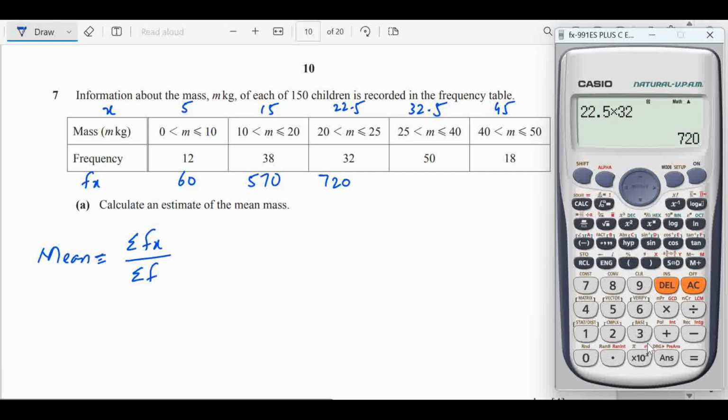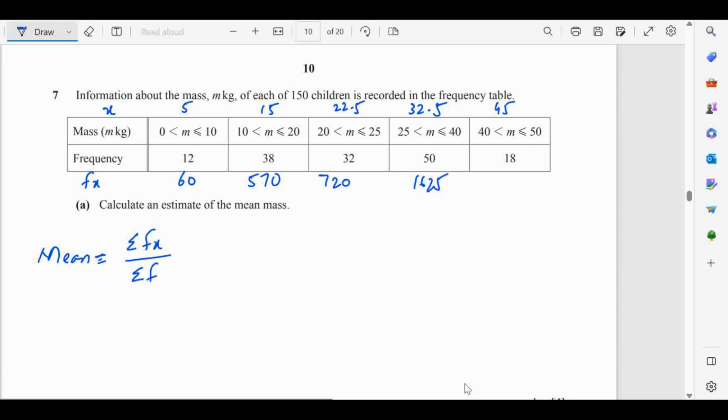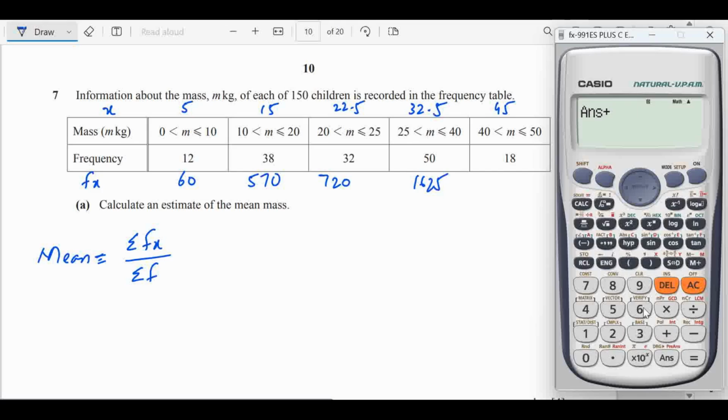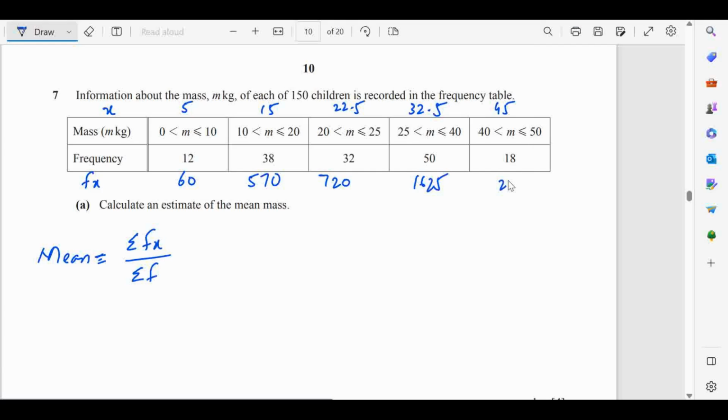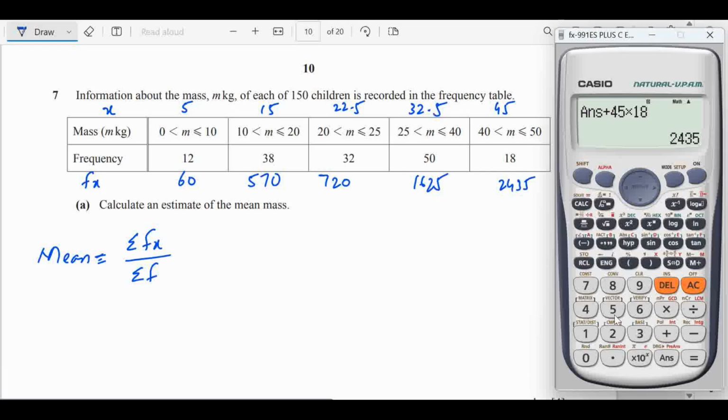Then 32.5 multiplied by 50, so this will be 1625, plus 45 multiplied by 18, which we get as 2435. Now we need to add them: 2435 plus 1625 plus 720 plus 570 plus 60, which equals 5410.